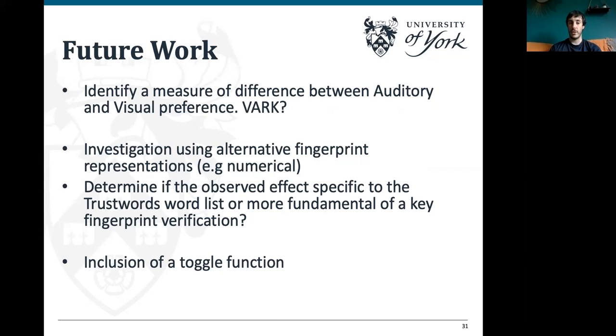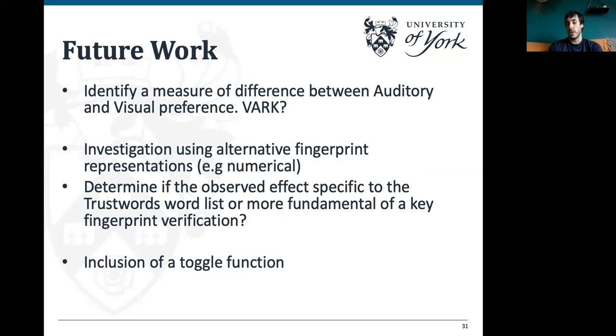We'll also seek to investigate whether the effect persists using alternative fingerprint representations, such as a numerical representation as used in WhatsApp. The intention there is to see if the observed effect is specific to the trustworthy word list or more fundamental of a key fingerprint verification.